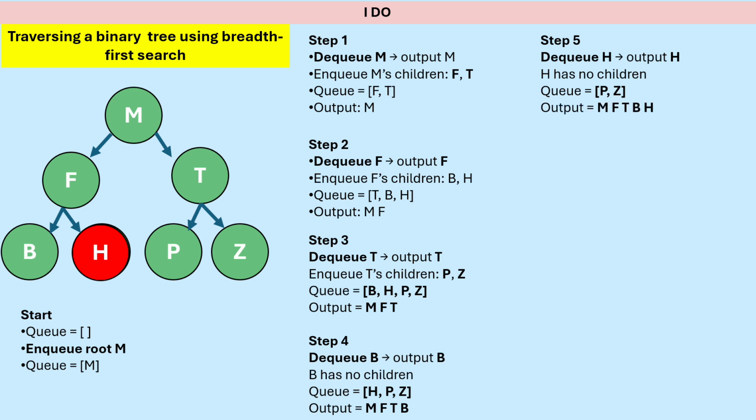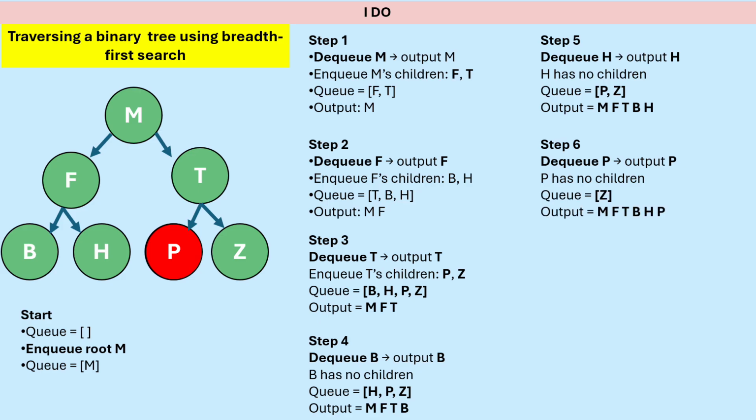Step 6, guess what the next letter is? We've got letter P. So we dequeue P. If P comes out, only Z is there. There are no children, so nothing to enqueue. And that's what we output. Step number 7, we'll look at Z. We're going to dequeue Z. Our queue before only had Z in it, so it means that we now have an empty queue.